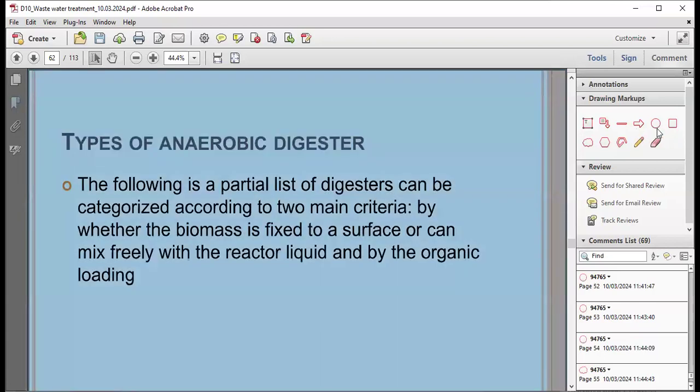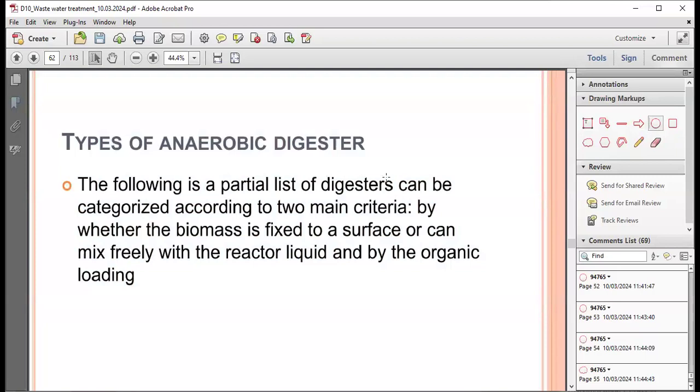You have to get a clear-cut idea of digester. Digesters can be categorized according to two main criteria: whether the biomass is fixed to a surface or can mix freely with the reactor liquid, and by the organic loading.